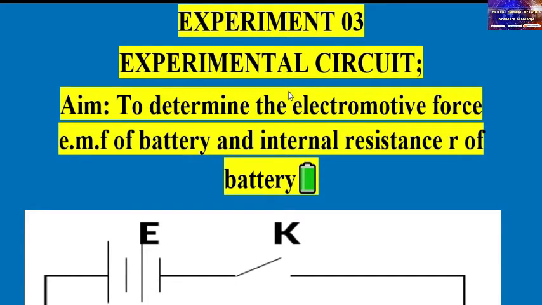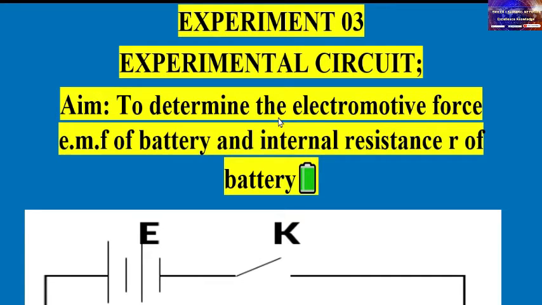So what is different? The difference comes from the nature of the graph. So for experiment number 3 today, the aim or objective is the determination of the electromotive force of a battery and the internal resistance of that battery.